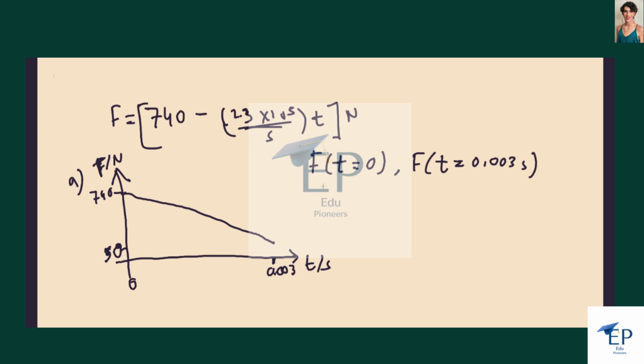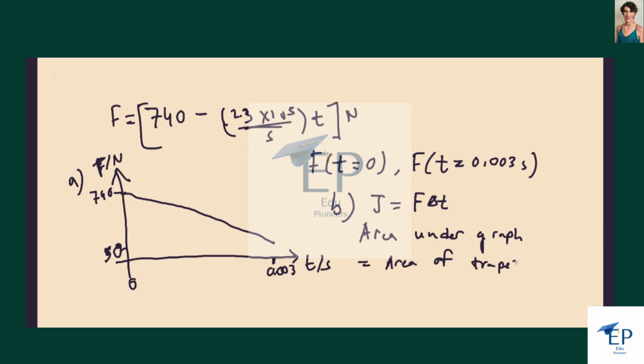Anyway, you plotted that. In part B, we want to use graphical methods to estimate impulse. So impulse, as you'll remember, is just F times delta t. And so in this portion, you want the area under the graph, right? The area under the graph would be approximated as the area of a trapezium.